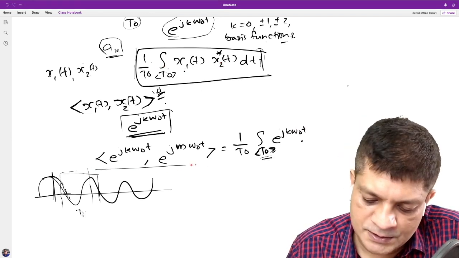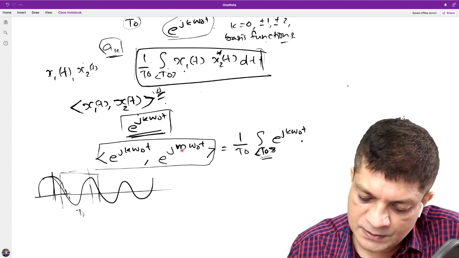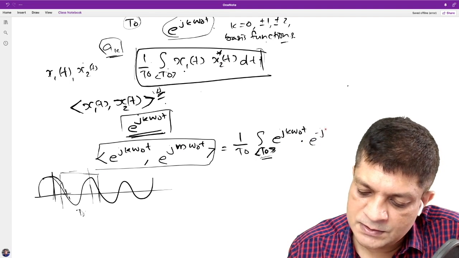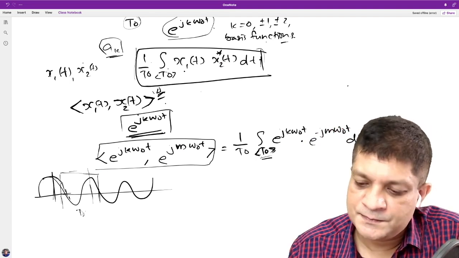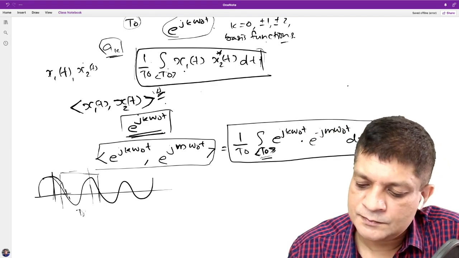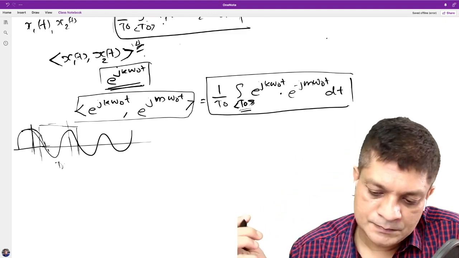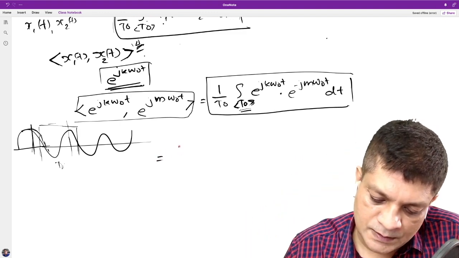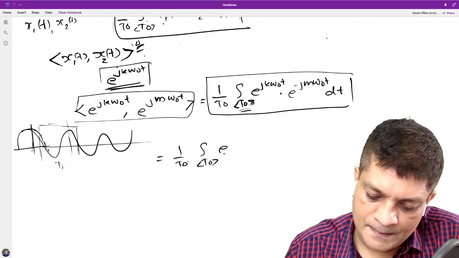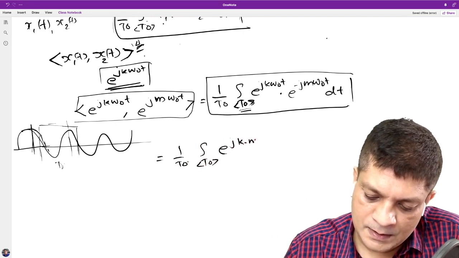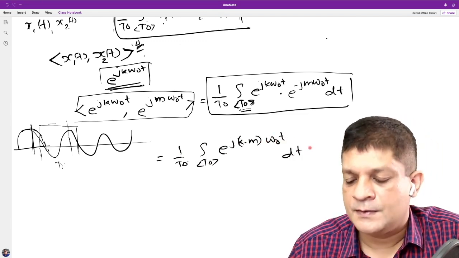Now, the conjugate of the second function is e to the power minus j m omega naught t. Can we simplify this integral? So delta of k m is 1 upon t naught, the integral of e to the power j (k minus m) omega naught t dt.